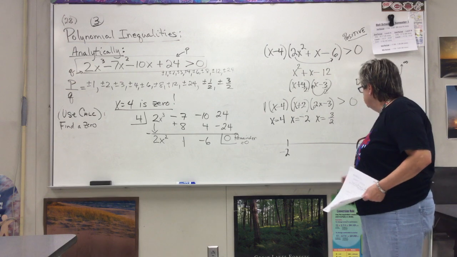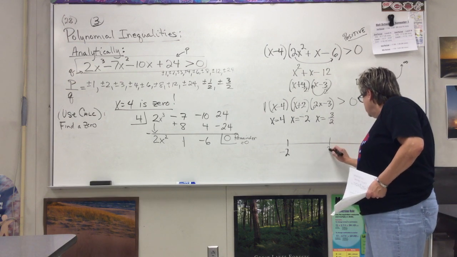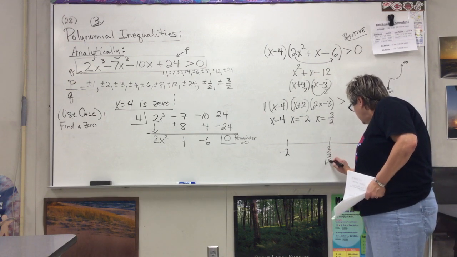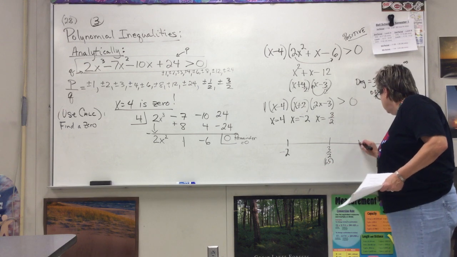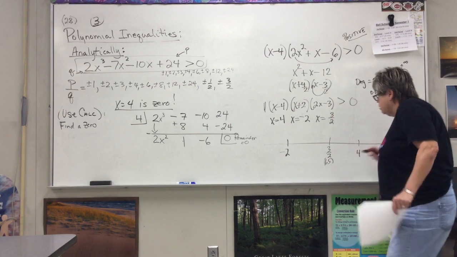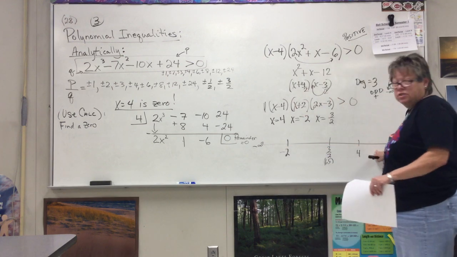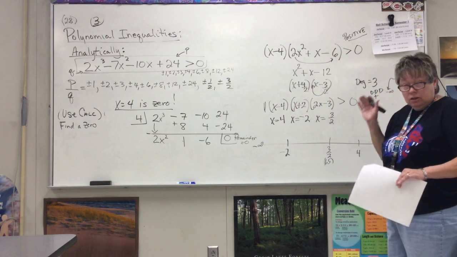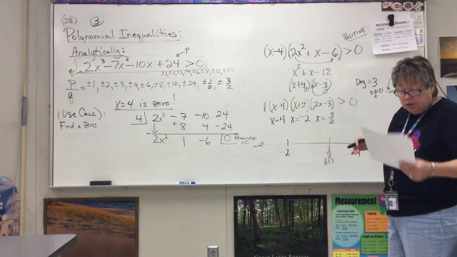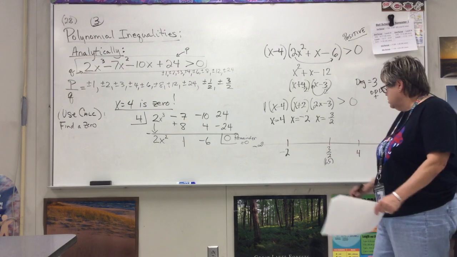So we're here at negative 2, at 3 over 2, or 1.5 for you decimal lovers, and over here is a 4. So we have our number line divided up into 4 sections. Now take a look at the signs. We're curious about positives and negatives.